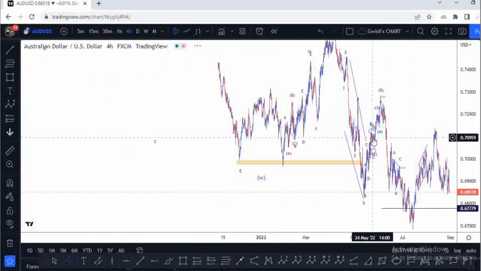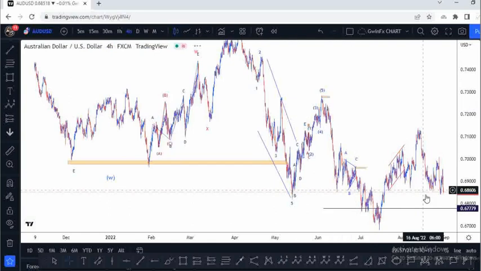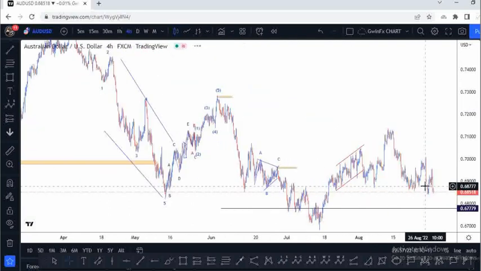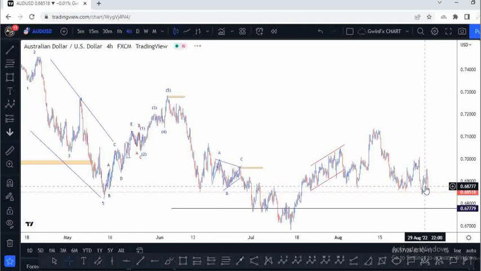Are we going to be looking at a scenario where we could have another drop down? Yes, there could be, so this is what we're going to be working out. One of the things I point out to traders is that when you're looking at price formation or a pattern, you should not look at it as something that is 100% guaranteed, that it must happen.